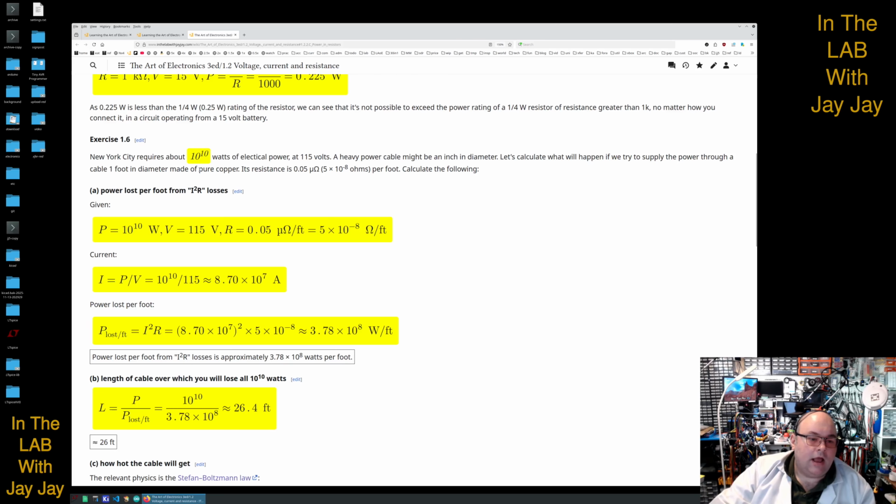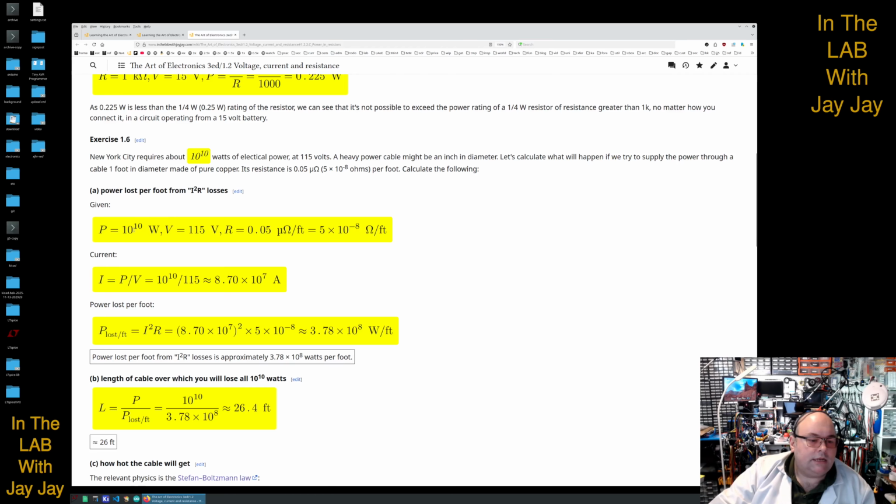Its resistance is 0.05 microohms, which is 5 times 10 to the minus 8 ohms per foot. And then we calculate the following. So first we calculate the power lost per foot from I squared R losses.